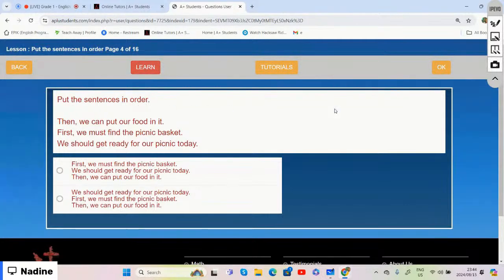We need to put these sentences in order, right? It says, then we can put our food in a. First, we must find the picnic basket.